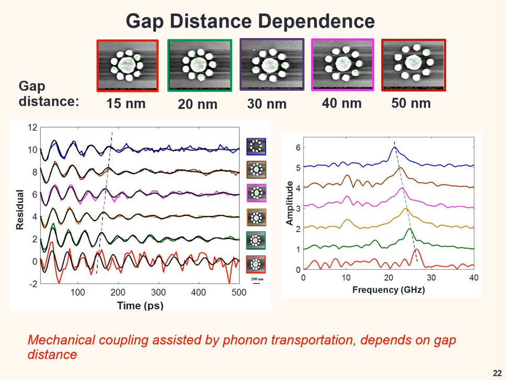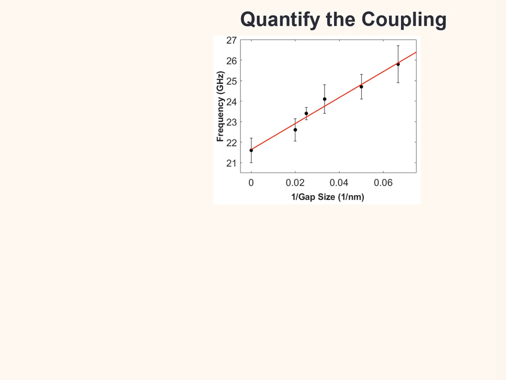Then we also need to build mathematical models to predict this coupling. Here is what I've plotted: frequency versus gap size. We find it is perfectly linearly dependent. I will show why later.